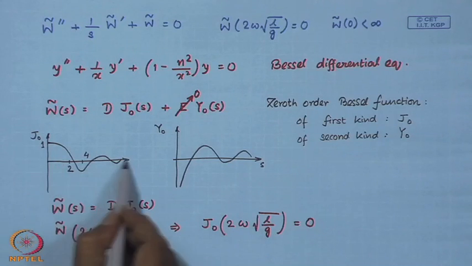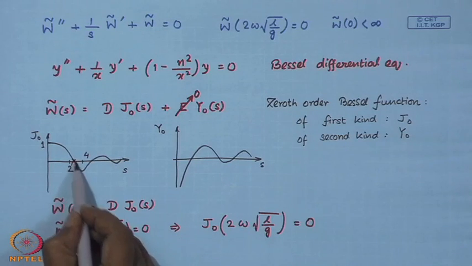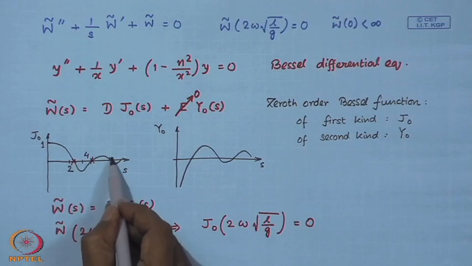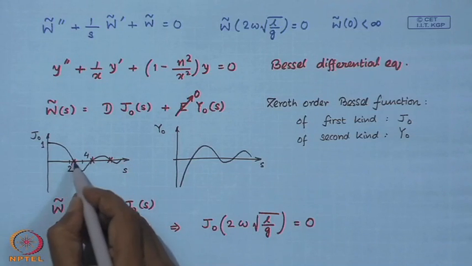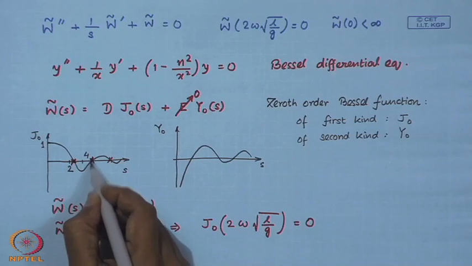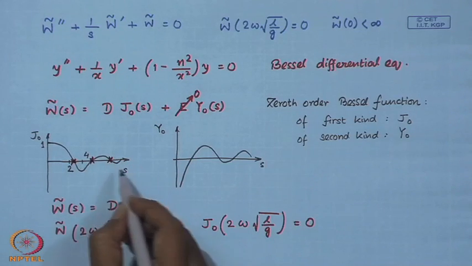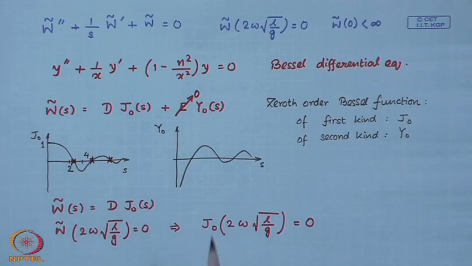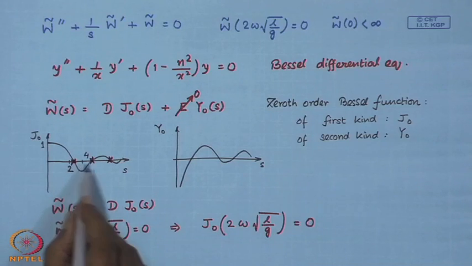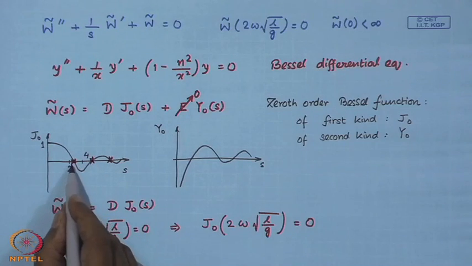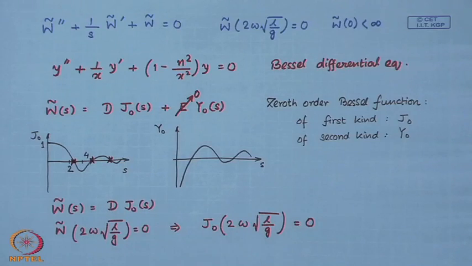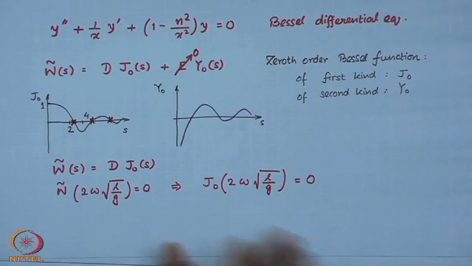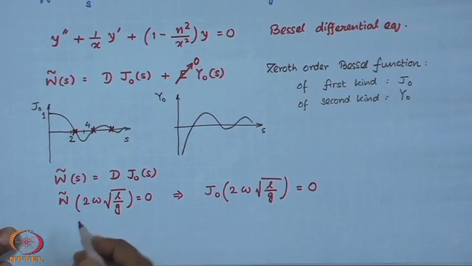Now, you can see from this figure there are discrete points, but infinitely many, at which this function J0 is 0. So, these countably infinitely many solutions will give us the circular natural frequencies of the system.